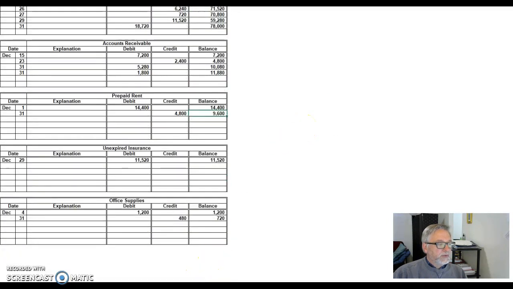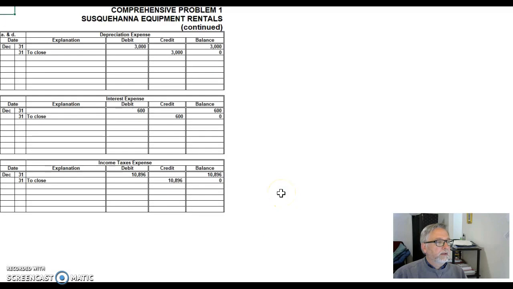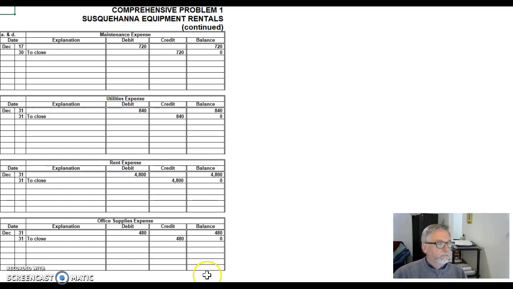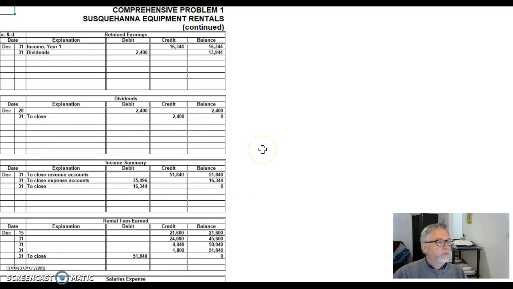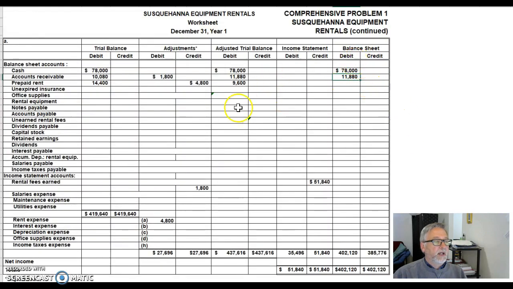I'm looking for rental fees earned. Here we go. Rental fees earned. Sorry about that. There are your entries. There's your close. So this close you sort of ignore for this, because there's your 51,840 there. So that's what I've got.